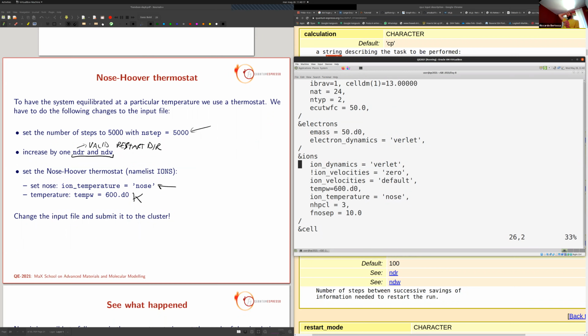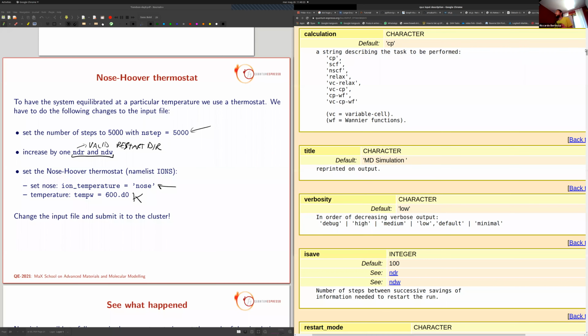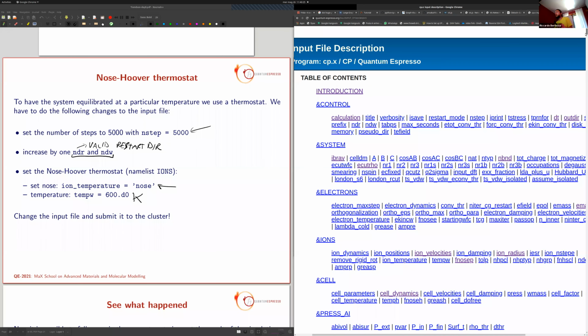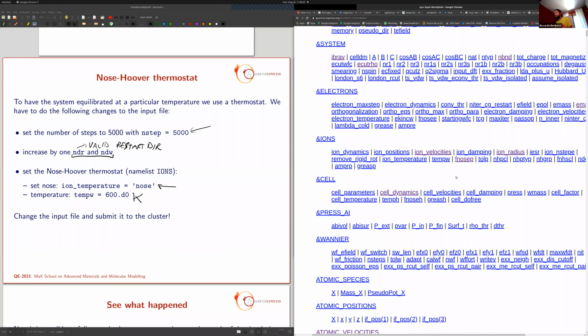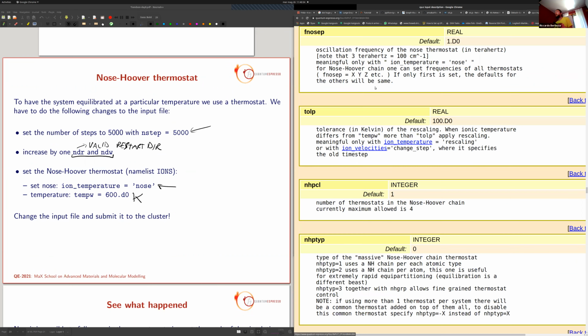But you just have to know that there are additional parameters, like fnosep, that are explained here. It is just a parameter that you can tune to have a better equilibration at your temperature.